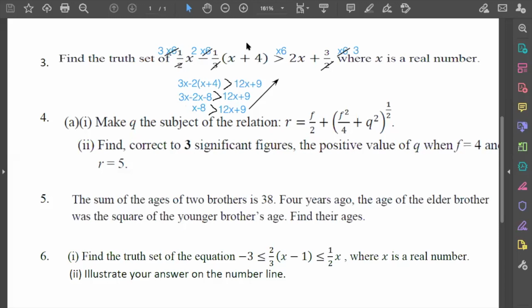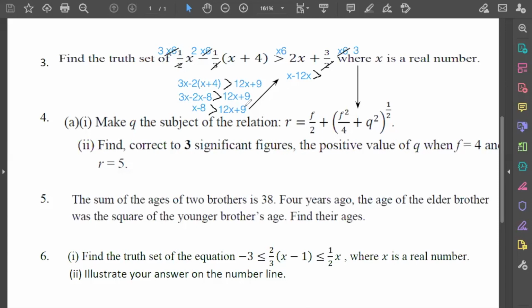I'm going to do it in two forms. Good. So here, I am maintaining x here, and then I'll carry the 12x to this side. So automatically, I'm going to get x minus 12x, which is greater than.